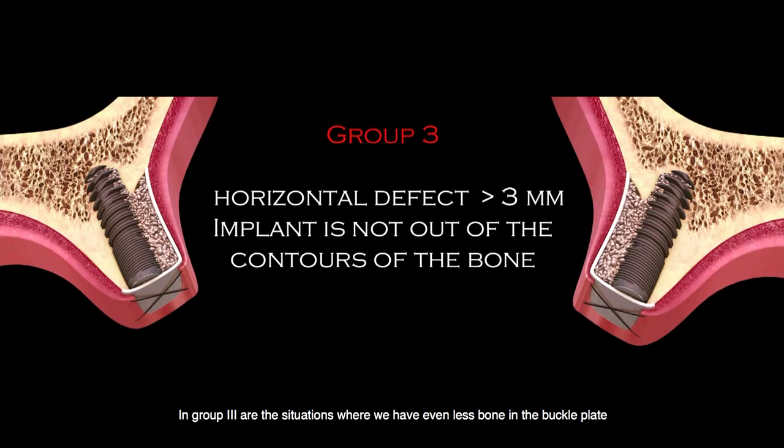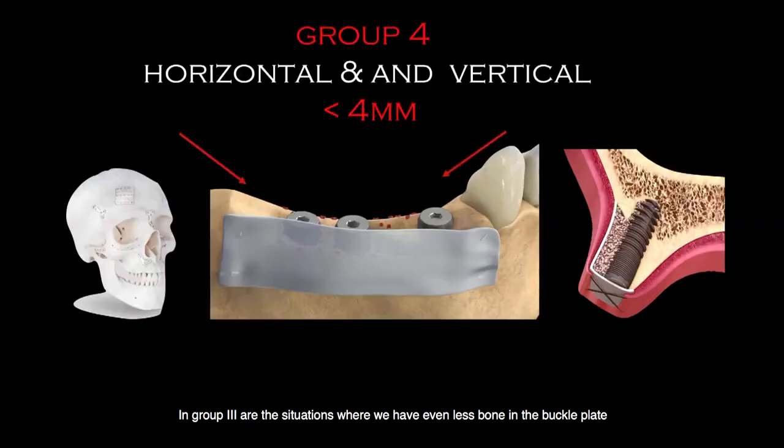In group 3 are the situations where we have even less bone in the buccal plate, and we have to use techniques which maintain the profile, the volume, on the long term. So one of the methods which we have used for a long time is the polylactid membrane welded on the bone, which has a resorption time of between 6 months and 1.5 years, maintaining its stability over all this time.